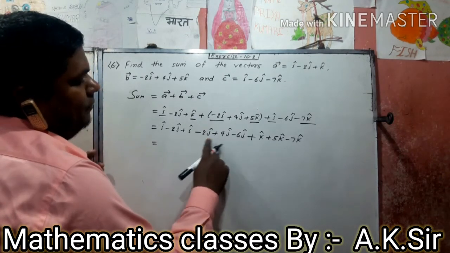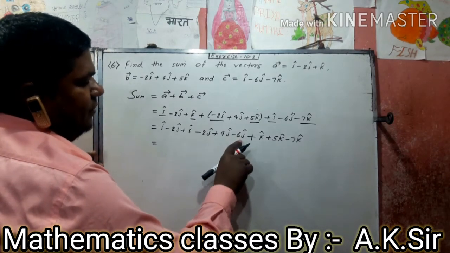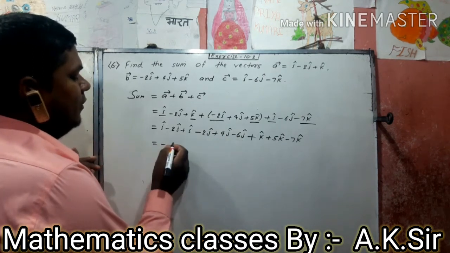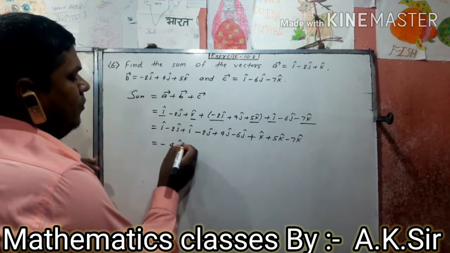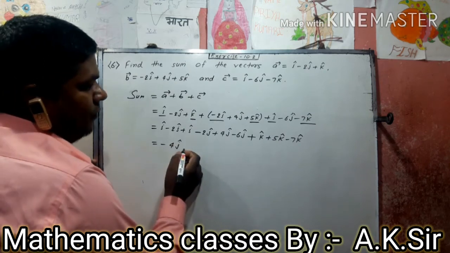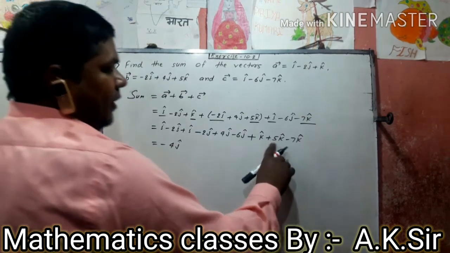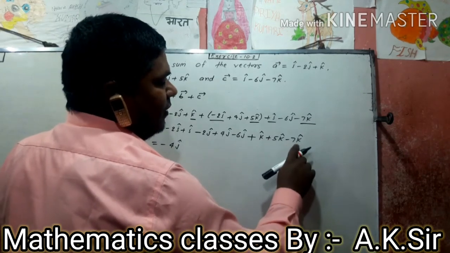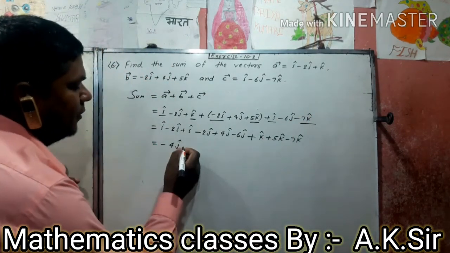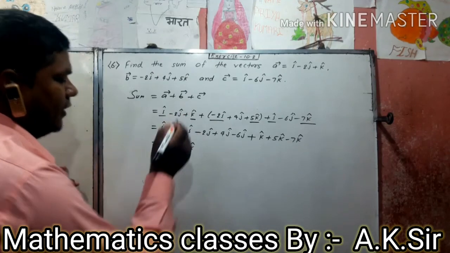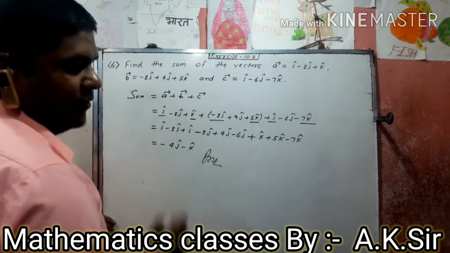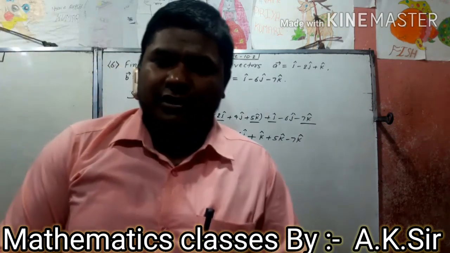Minus 2j cap minus 6j cap plus 4j cap is equal to minus 4j cap. k cap plus 5k cap is equal to 6k cap, minus 7k cap is equal to minus k cap. This is our answer. Thanks for watching this video.